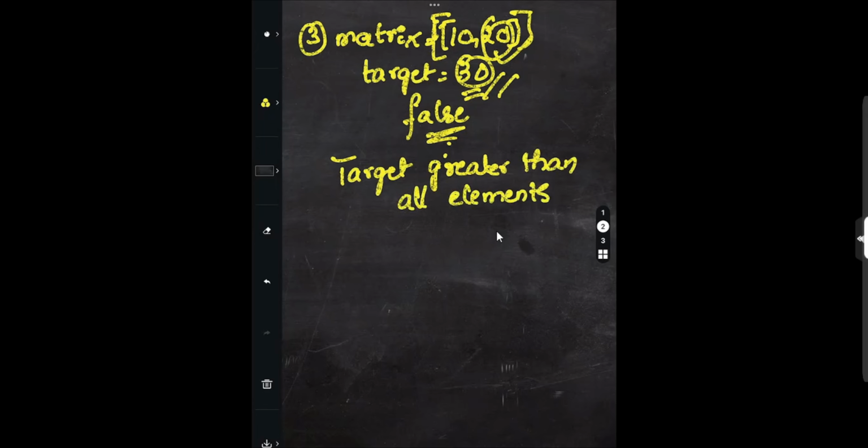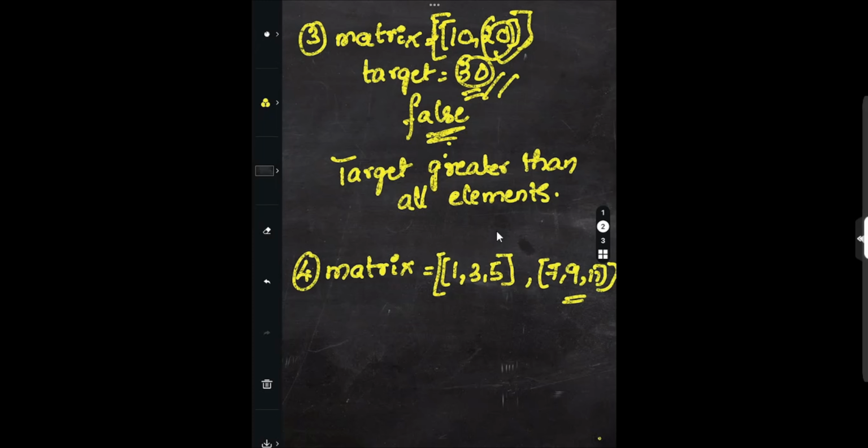So let's move on with the next edge case: target in the first position. I'll consider this matrix: 1, 3, 5, and one more nested array, 7, 9, 11. Anything you can consider.